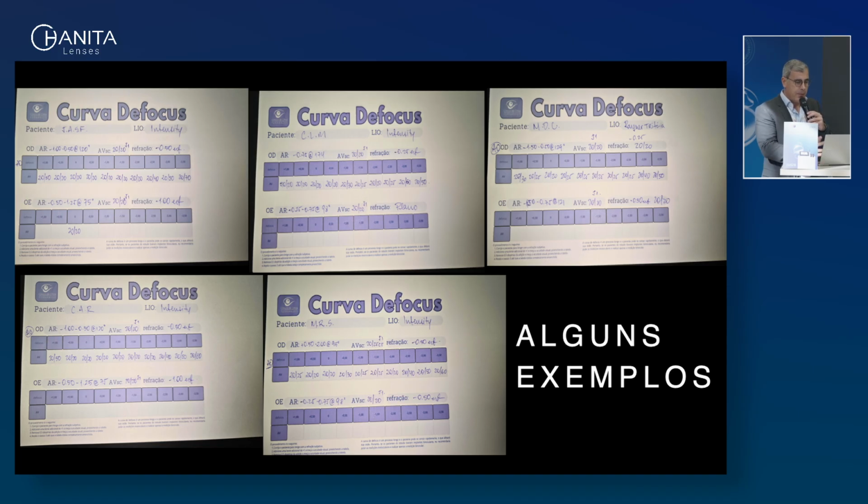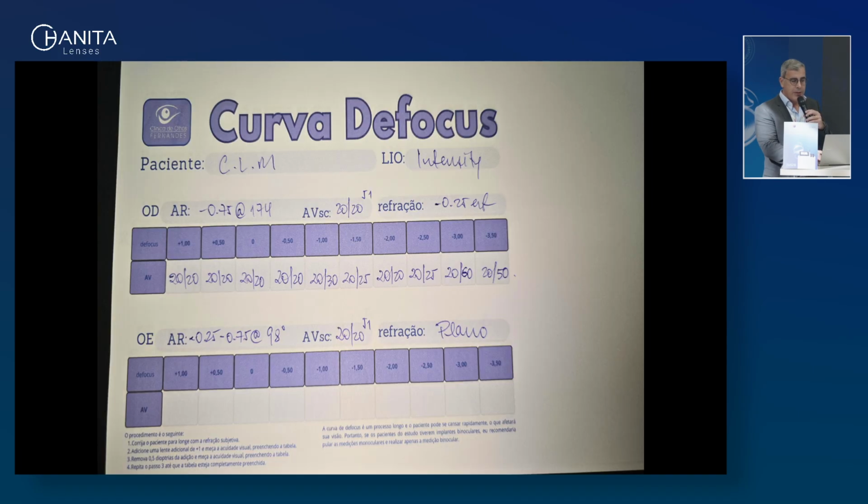I'll show you some examples. This is the patient. It has an intensity. This is the auto refraction. There's some cylinder left. The refraction she accepts is -0.5, and it goes like this. She's already 20/20 J1 without correction, and when we add +1 and we measure, subtracting -0.5, it goes like this.